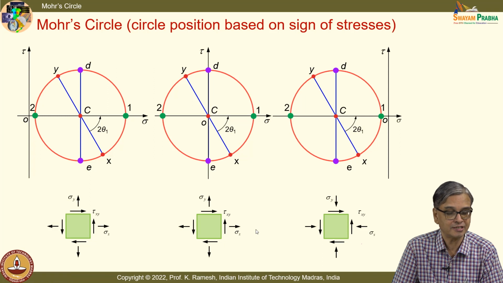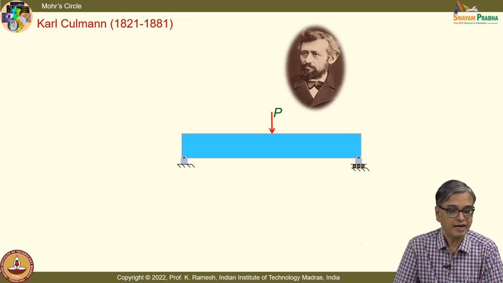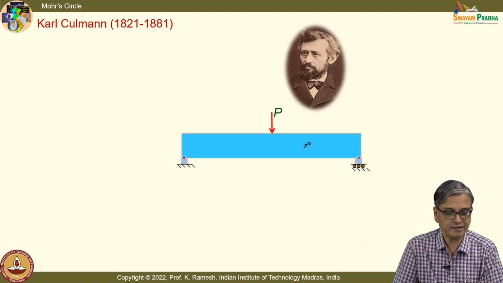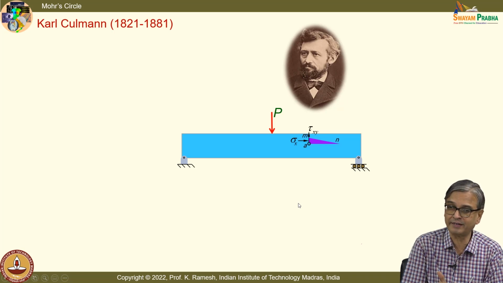And I said, people were very good at graphical methods earlier, and if you look at the history, it all got developed by Carl Culmann, and he plotted for the first time. He has not followed the procedure what we have done.